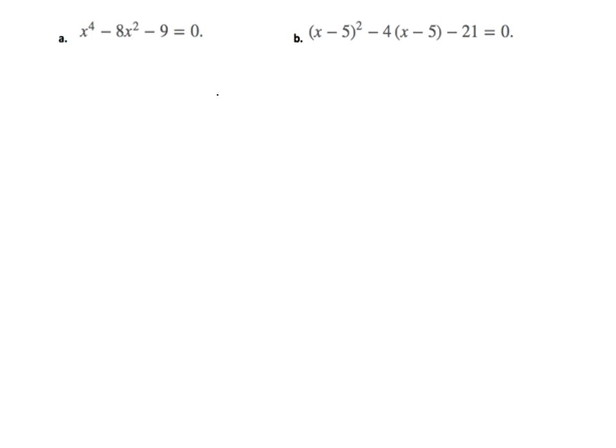However, if I looked at x to the 4th as x squared squared, which I know because when I raise an exponent to another exponent, I multiply, so that's x to the 4th, written in a new form, minus 8 times x squared, minus 9 equals 0.